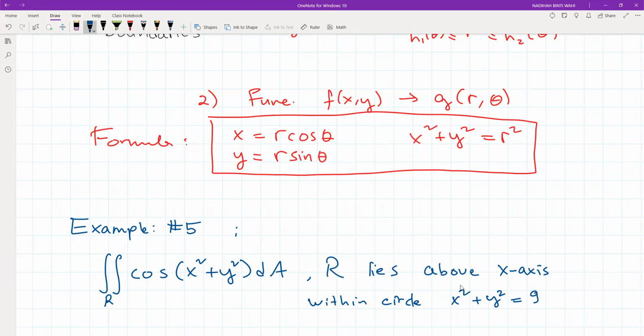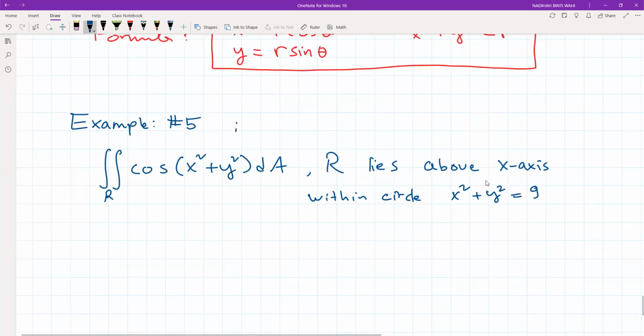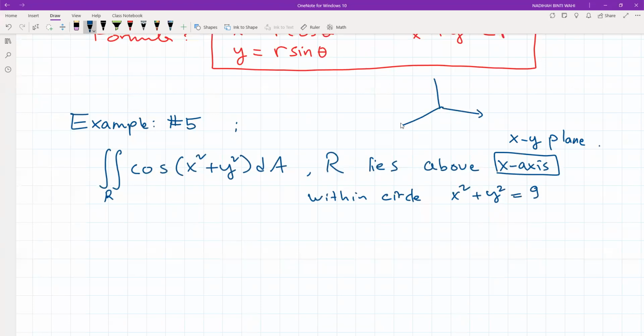Okay, saya rasa dia ada macam typo sikit. Above x axis ni saya rasa dia above xy plane. Sebab kalau dia merujukkan kepada tiga segi above ni, dia di atas kan. So it doesn't make sense kalau dia tak sebut dengan y juga.